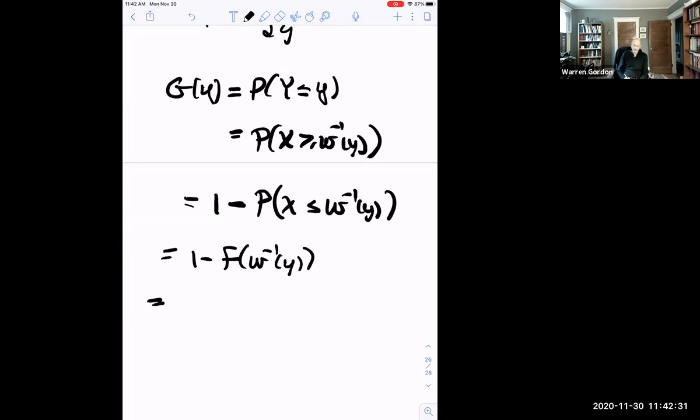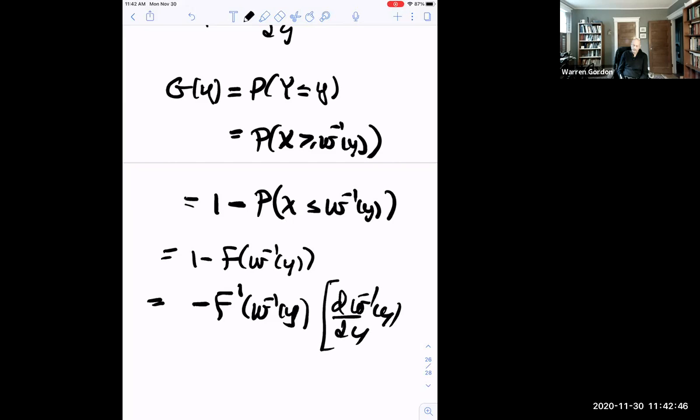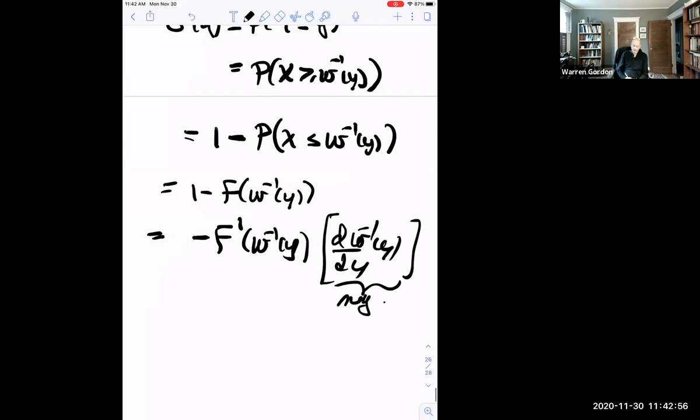If I take the derivative now, I get minus f prime of w inverse of y times the derivative of the inverse function. Notice though, this is always negative. So I take the negative sign here and put it with the negative sign here and replace this by a positive value.